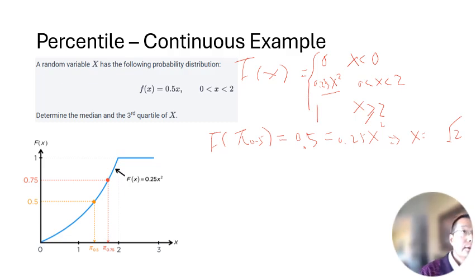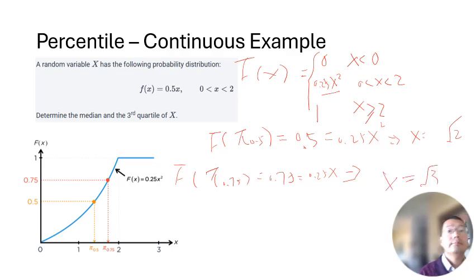Okay, similarly F(pi_0.75) will be equal to 0.75. So from there we can get x equal to the square root of 3.